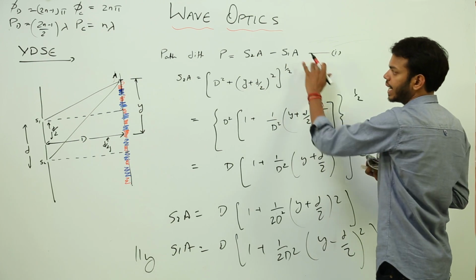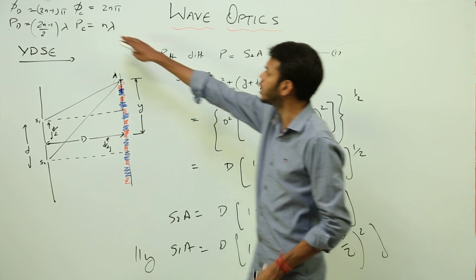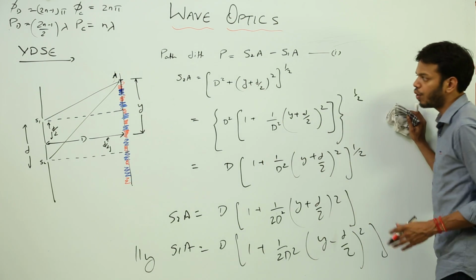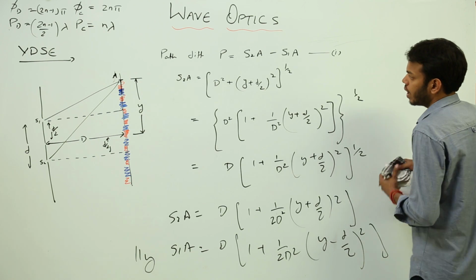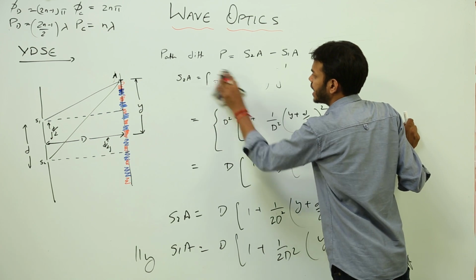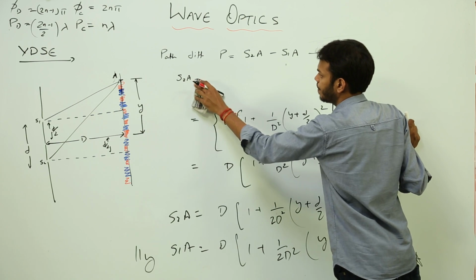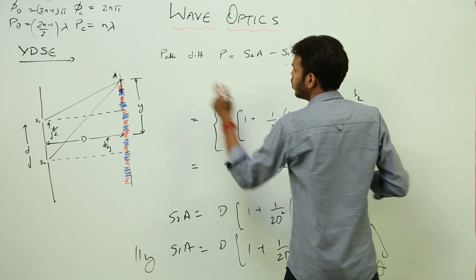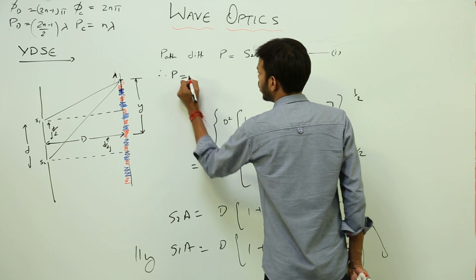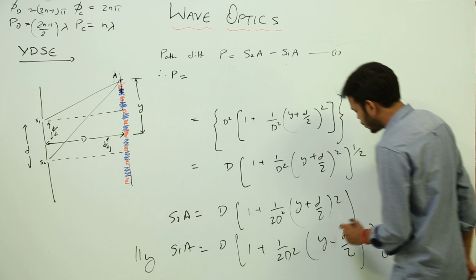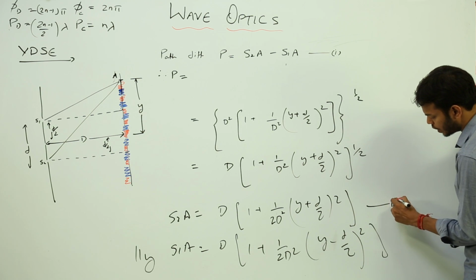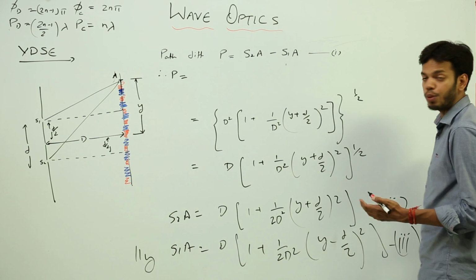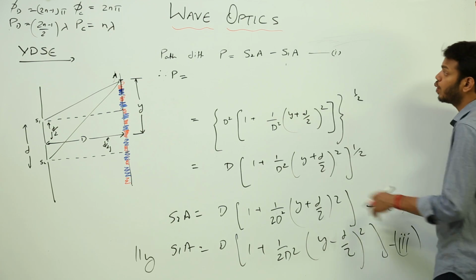Now I have to subtract it, and whatever the answer would be, I will make it equal to the path difference which you already know, we have derived it yesterday. So I am rubbing it all. If you want to note it down, you can pause the video. Now I have already written S1 and S2A, so I am not writing it again and again. So therefore P is equal to, let it be equation 2 and equation 3, right. So you will be putting values from equation 2 and 3 in equation 1.